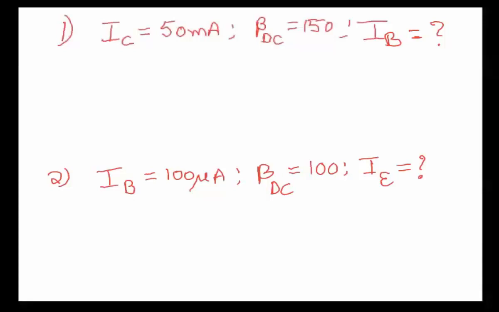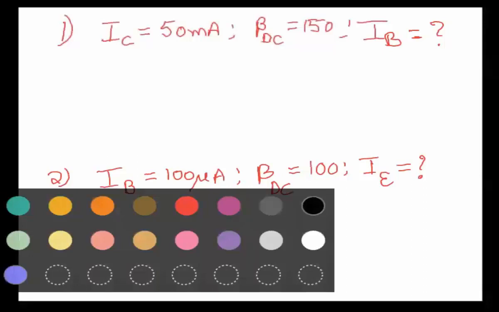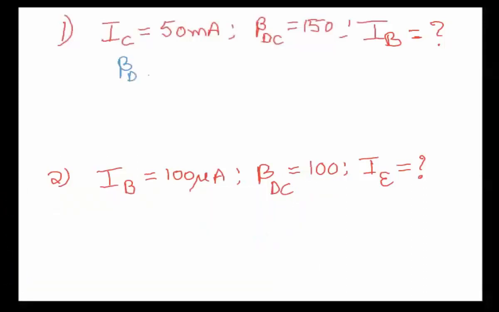Remember that the formula is the beta DC, and you're asking for IB here. So you don't divide or multiply these two. How much did you get?